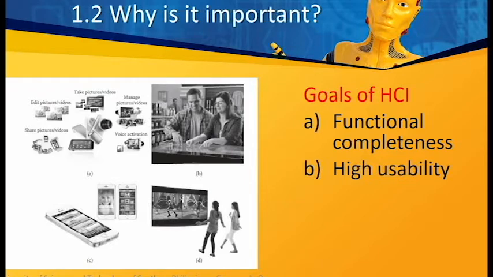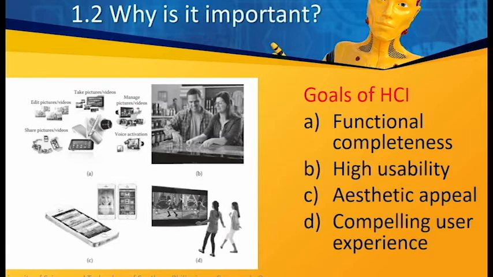And then next is high usability. So we have already discussed the high usability, no? So it is easy to use, so all users know how to use it because it's easy to use or user friendly. Then we have the aesthetic appeal, meaning your product is unique from the rest. It should stand out because of its aesthetic appeal.